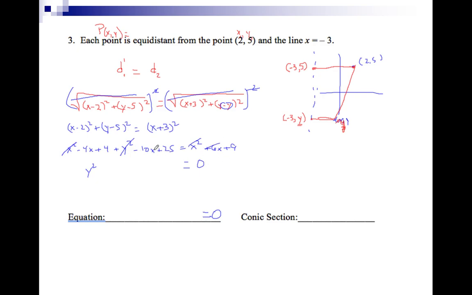I have a positive 6x that I'm going to subtract from both sides. Oh, whoops, I forgot. I've got negative 4x and negative 10x, which gives me negative 14x. And negative 14x minus 6 is negative 20x.